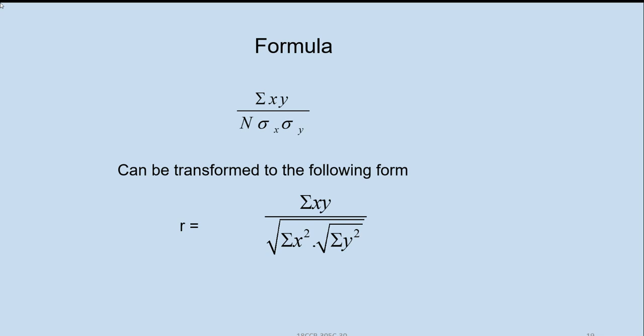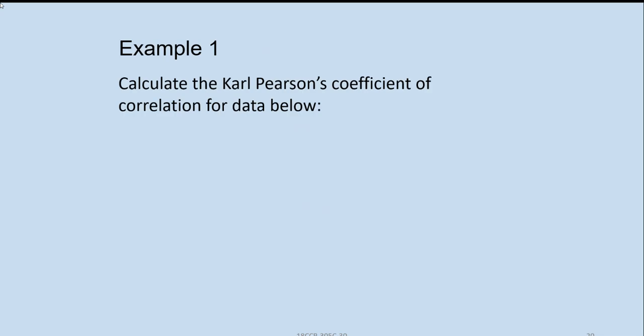Then we calculate the deviations from the mean, that is x minus x bar and y minus y bar, and those deviations are squared, small x square and small y square, and taken under root. That is the correlation.